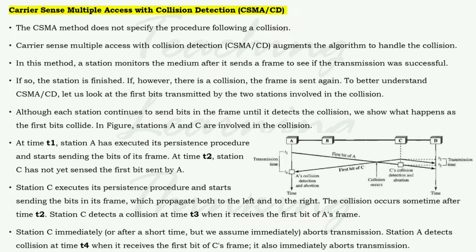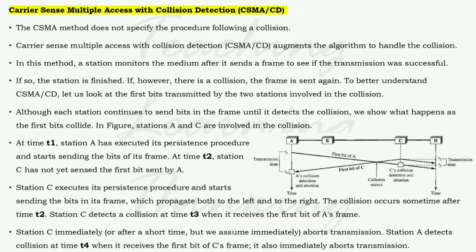After T2, C starts sending its bits to D, and sometime after T2, C detects a collision with the bit from A. Station C immediately aborts the transmission.